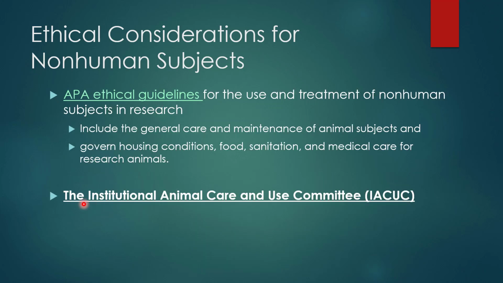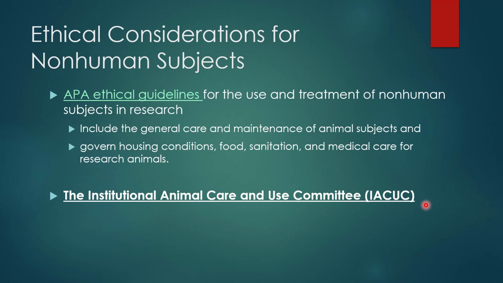The governing board in different research institutions that considers the ethical considerations for non-human subjects would be the IACUC, or the Institutional Animal Care and Use Committee. That's IACUC for short, like the IRB stood for the Institutional Review Board.